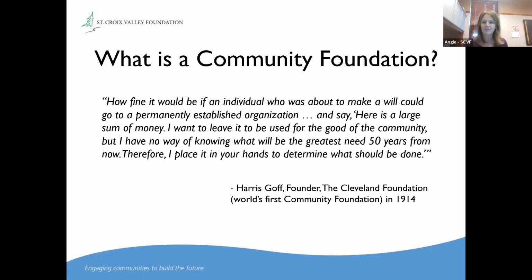And I think it sums up the idea of a community foundation very well. Wouldn't it be nice if an individual making a will could leave it to benefit a community essentially forever and ever. And so he had that idea, and thus the Community Foundation model was born. So that just provides a little grounding.